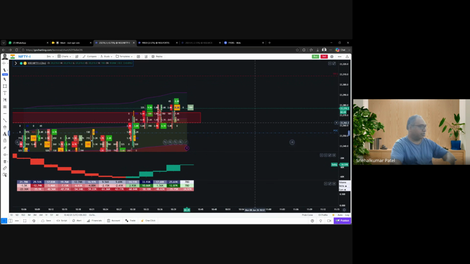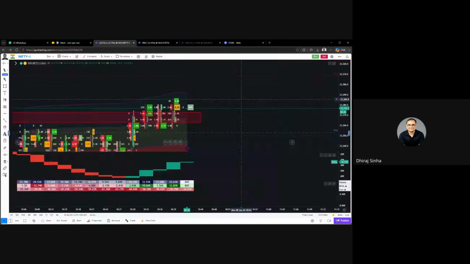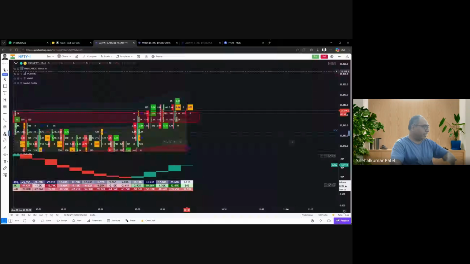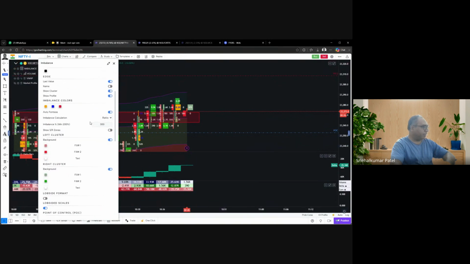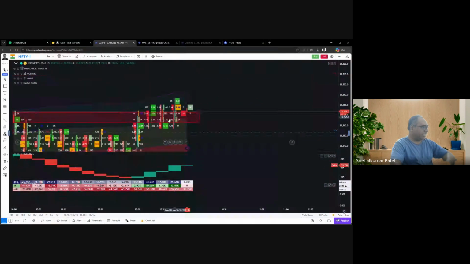So imbalance shows in which color? Imbalance is in yellow color. In yellow. And there is a setting for that. Right now, the imbalance that I have marked is 3 times, or 300%, of the sell side. So unless there is a difference of 3 times between sellers and buyers, it won't show as yellow.